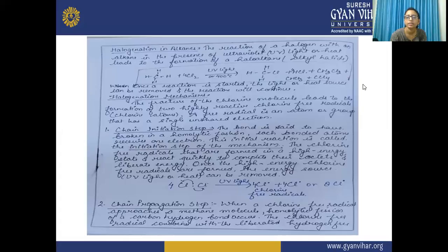Here the chlorine is broken in a homolytic fashion, means both are taking 1 electron from the shared electrons. So each bonded atom receives 1 electron. So 1 chlorine atom is having 1 electron and the other is having 1.